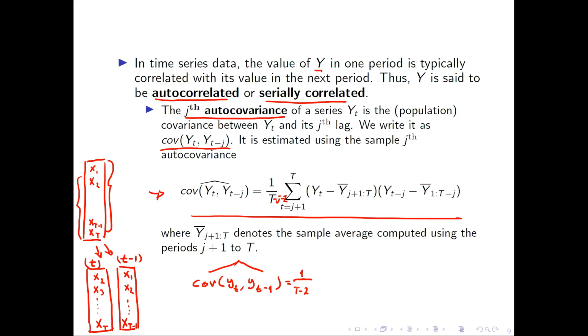And capital T, remember that this is the number of observations in your original data set, right?